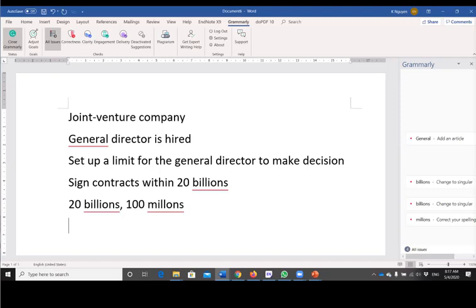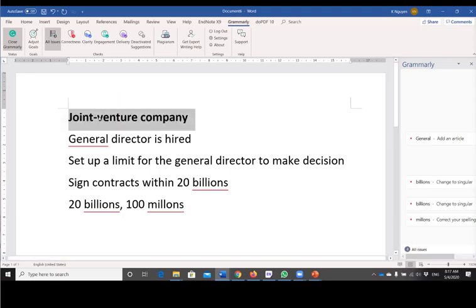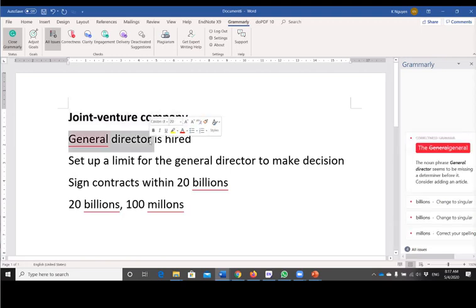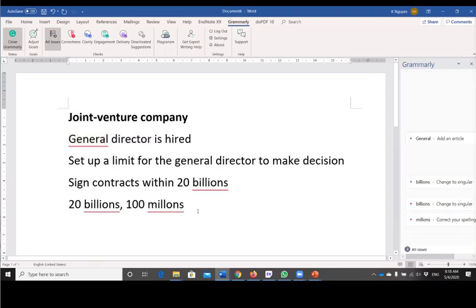So, in reality, when you are working with companies, especially joint venture companies like this, you have to check if the general director has full power on the contract or not.